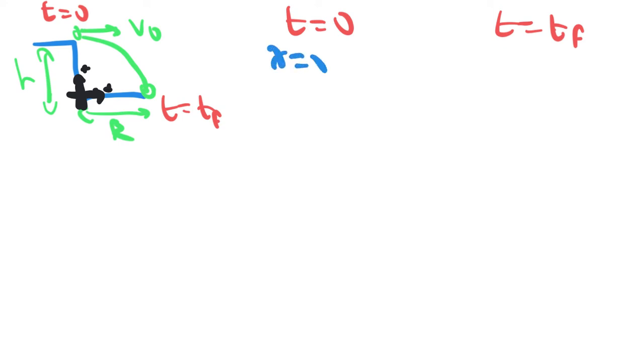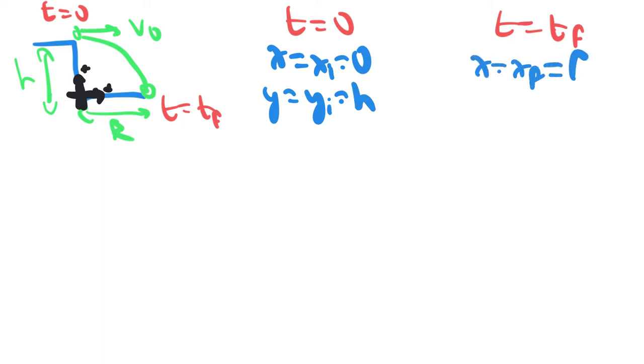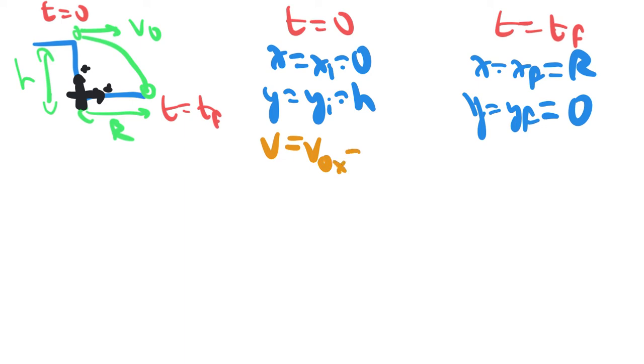We have x is x initial, which is 0, and y is y initial, which is the height h. Then it lands, x is x final, which is r, and y is y final, which is 0. Additionally, the ball leaves the table with vx, which we're calling v0, and v0y is 0.